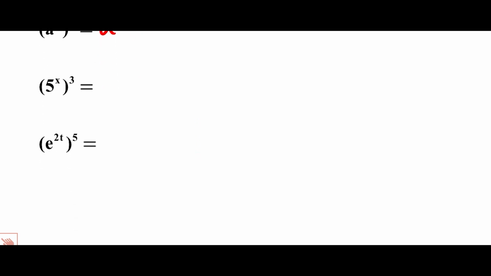Or 5 to the power of x, to the power of 3, equals 5 to the power of 3x. Or e to the power of 2t, to the power of 5, equals e to the power of 2t times 5, which is 10t.